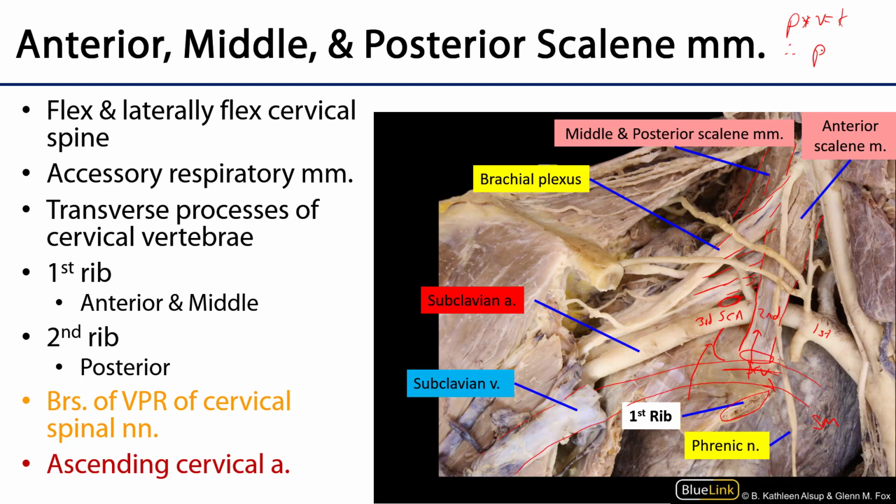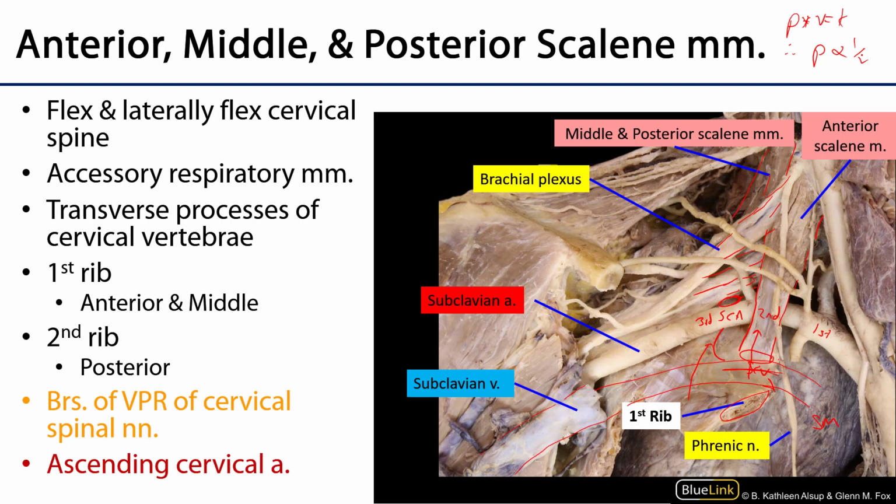Therefore, pressure is inversely proportional to volume. So as the volume of the thoracic cavity increases, the pressure decreases, and air can rush into the lungs. So these scalene muscles function as accessory muscles of respiration. So they help you to inhale.